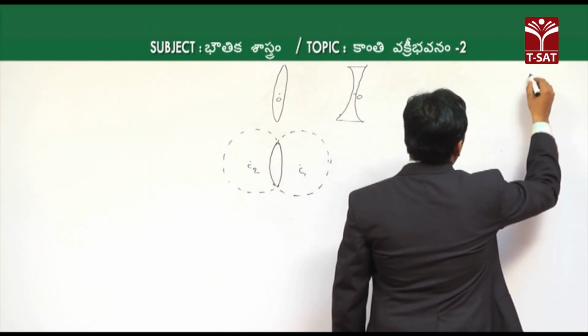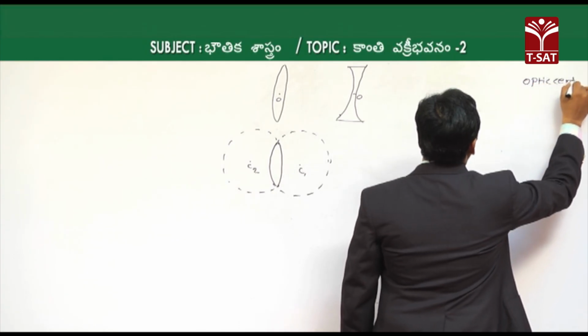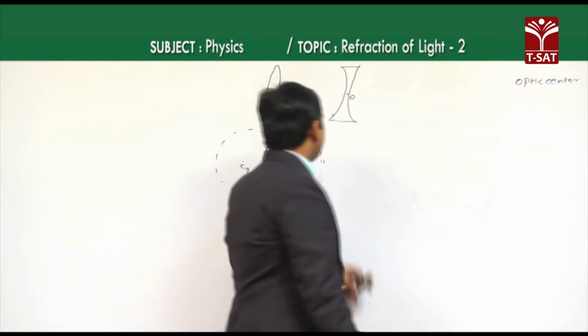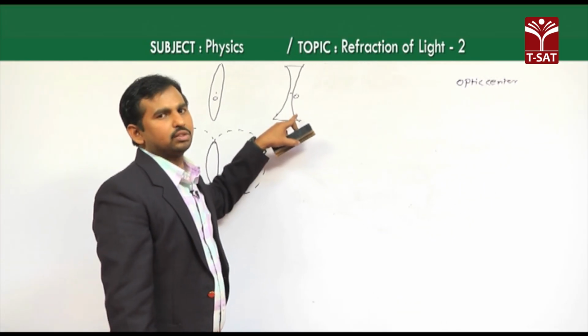So the first point is the optic center, which is the midpoint or geometric center of the convex or concave lens.